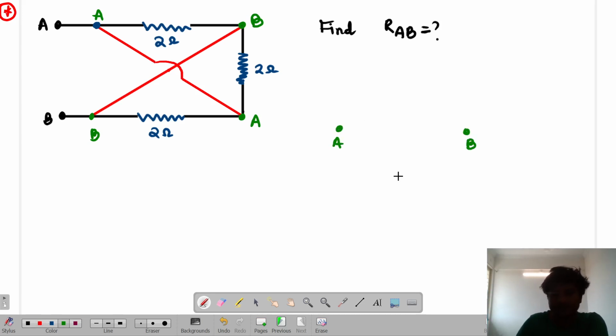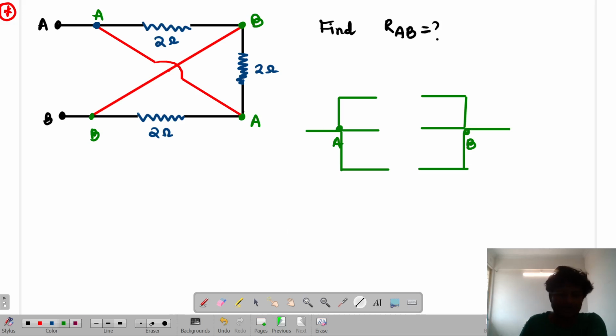B. Now you see that there is one 2 ohm resistor between A and B, isn't it? So start. There is first 2 ohms between A and B. Then once again, B to A, another resistor. Then A to B, one more resistor. So this is called rearrangement. Got it?